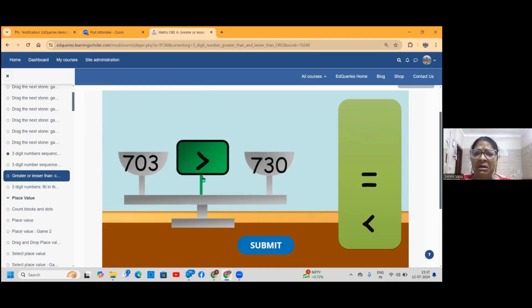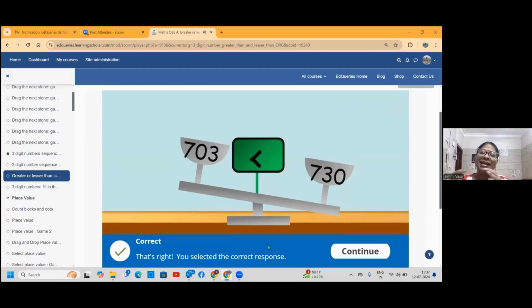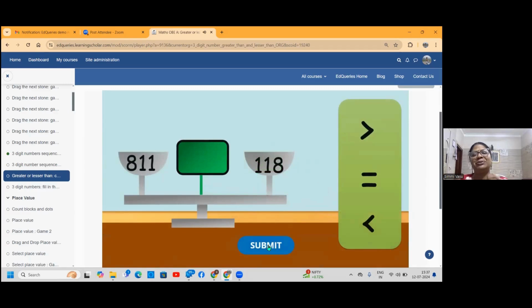The crocodile will be hungry, his tummy won't be full. So why don't you check which is the bigger number? Good job. 703 is lesser than 730. All that has been done previously on the table, so it becomes easier for the child to practice here.